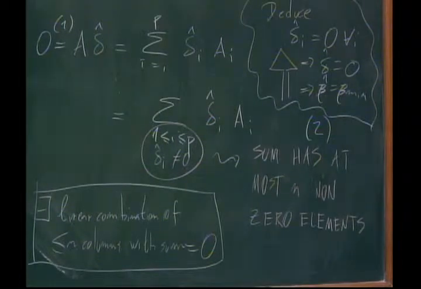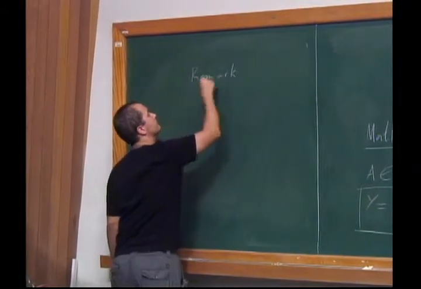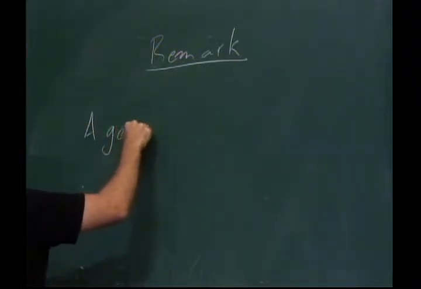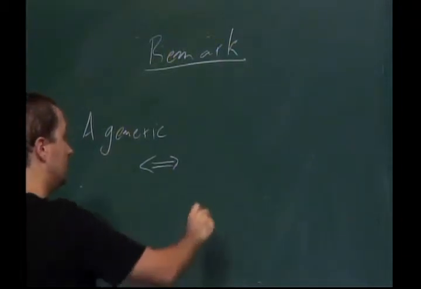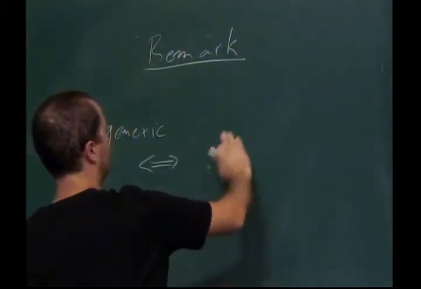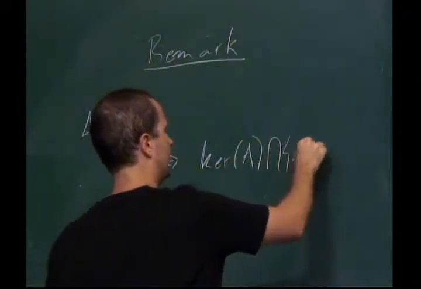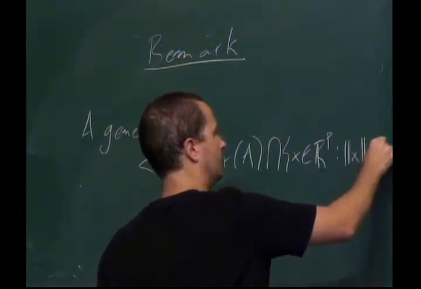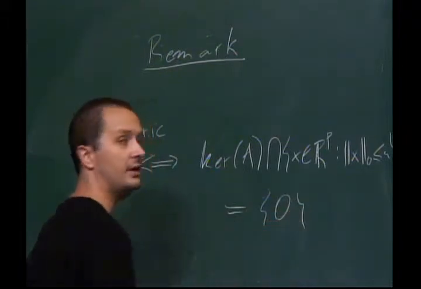So maybe I can put it like the key step here. The condition that A is generic implies this, so that actually it's equivalent to saying that the intersection of the kernel of A with the set of n-sparse vectors only contains the 0 vector.